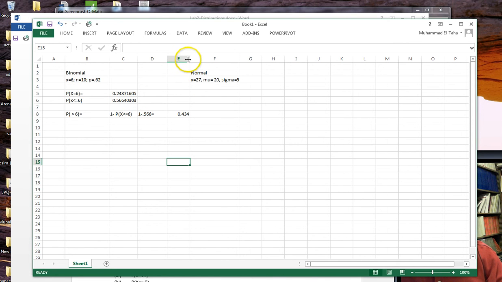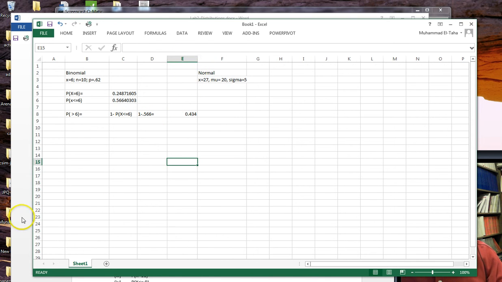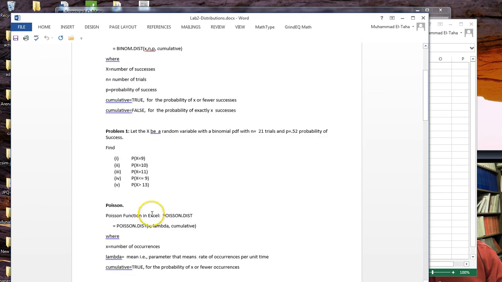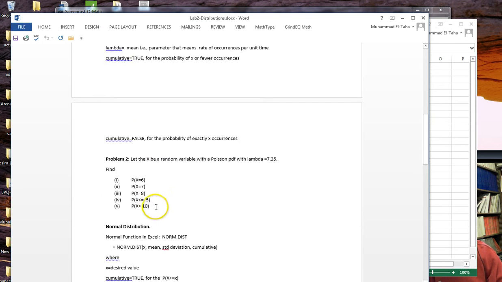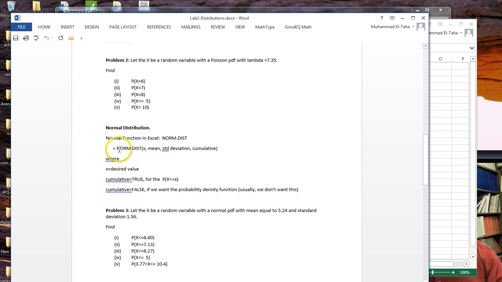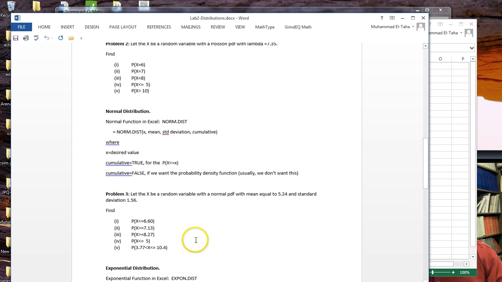So now I go to the normal distribution, and if I go back to this one here, for my normal distribution, the function is norm.dist, and I have them. X is the value I want to compute. I have the mean, the standard deviation, and it's going to always be cumulative because I cannot compute P of x equal a certain value. So I want to do a couple of these problems for you.